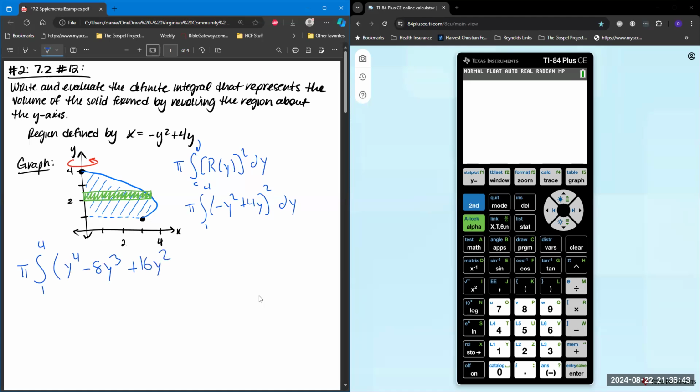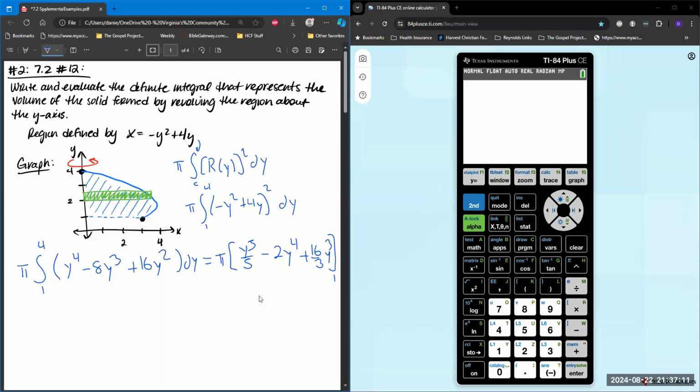Y times y is y squared. dy is going to be pi times y to the fifth over 5 minus 2y to the fourth plus 16 thirds y to the third from 1 to 4.